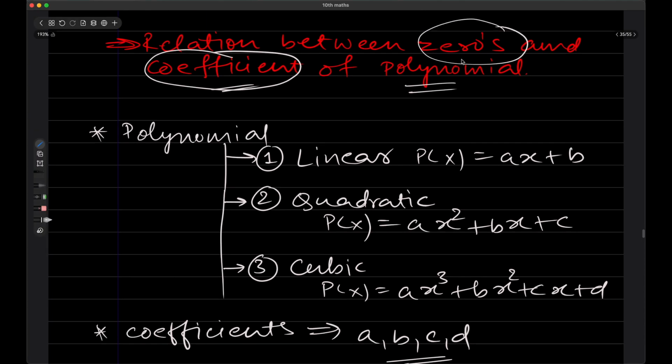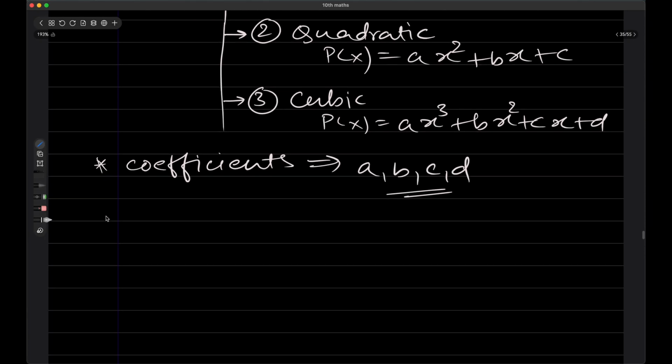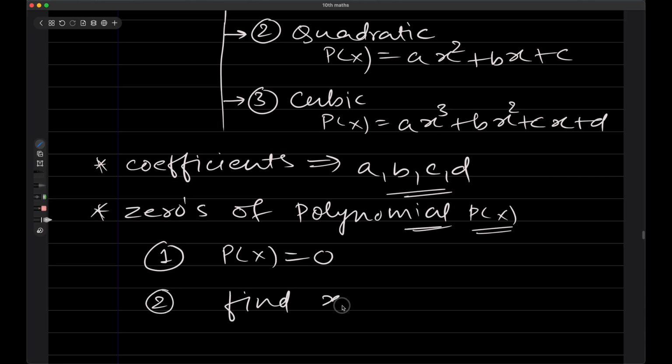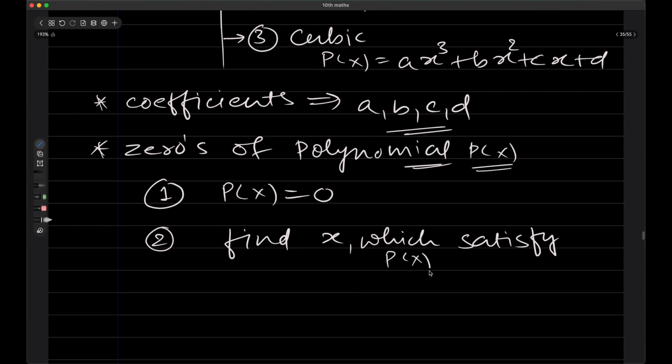And the zeros of polynomial p of x: to find the zeros of a polynomial, we put p of x equals 0, and in the next step we find x which satisfies p of x equals 0.